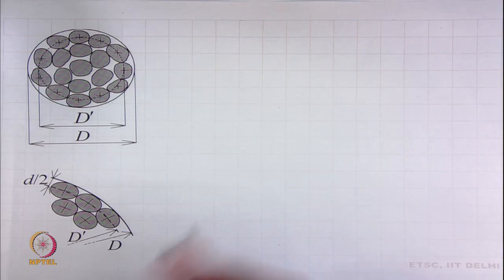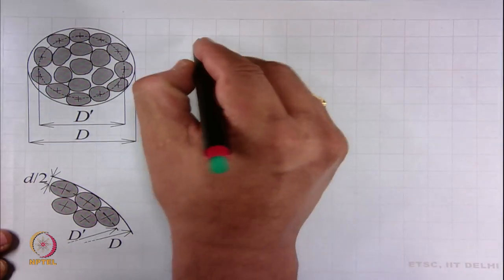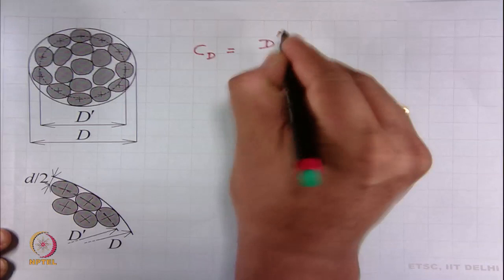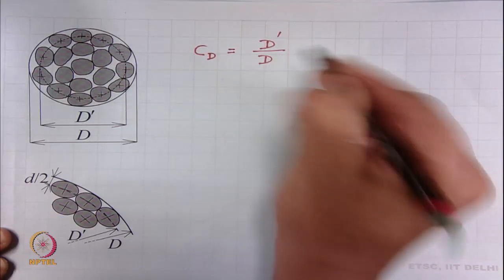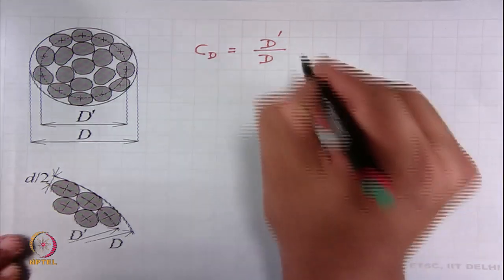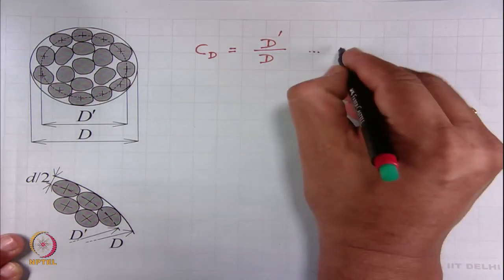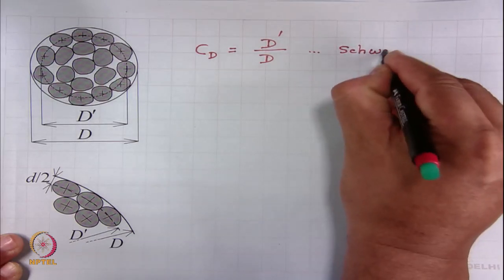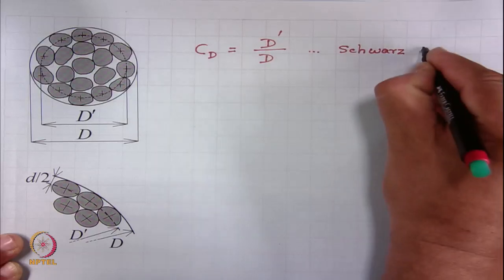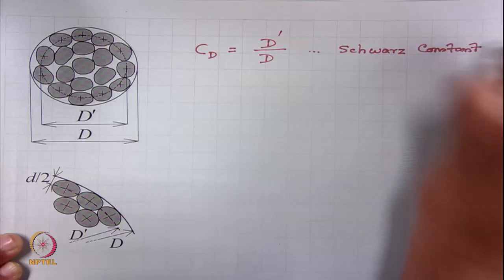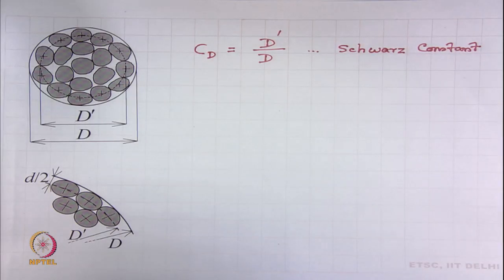Then we talk about one ratio, C subscript d, which we define as D prime by D. This C subscript d is well known as Schwarz constant.